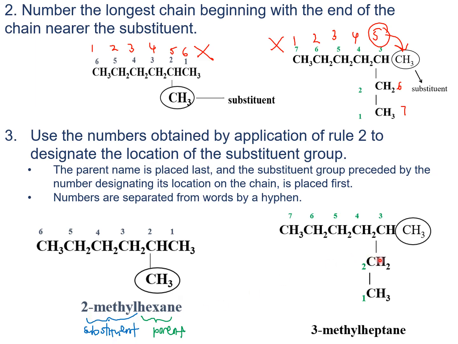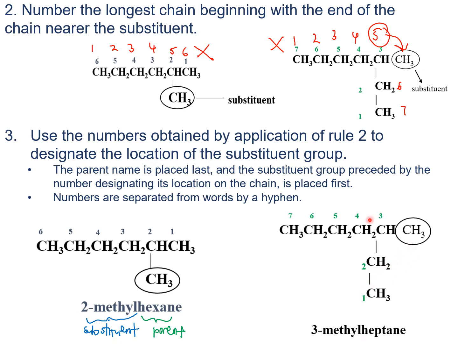Okay, and then for this one as well, kita tahu dekat kedudukan carbon number 3 baru ada substituent CH3. Kita tahu bila substituent tu dia ada satu sahaja carbon atom, nama substituent tersebut adalah methyl. Okay, and then the parent here, nama dia adalah heptane because the longest continuous carbon chain here ada 7.